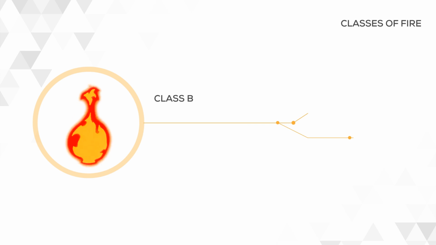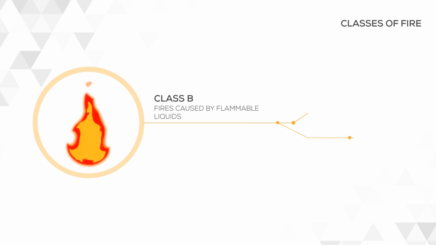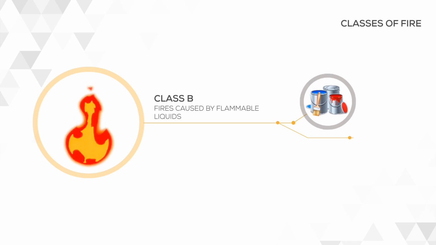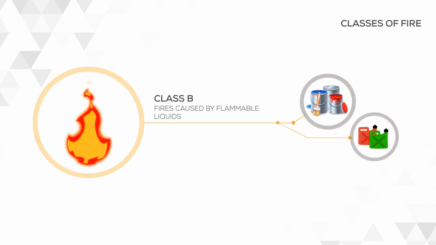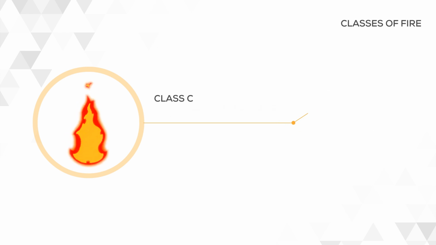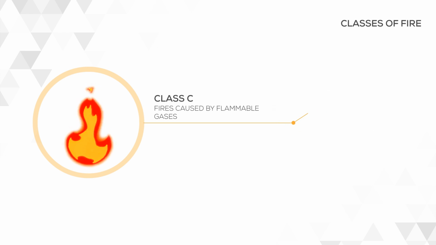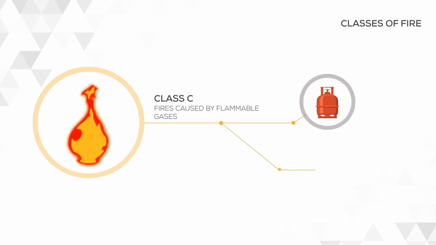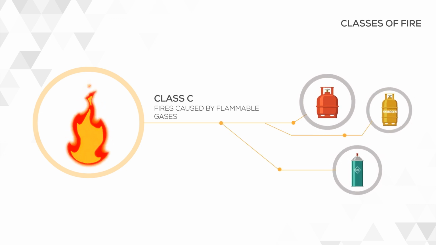Class B. Fires caused by flammable liquids such as paint, turpentine, or petrol. Class C. Fires caused by flammable gases, including methane, butane, or hydrogen.